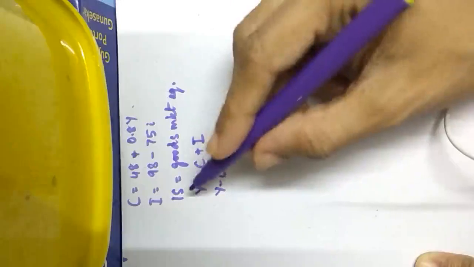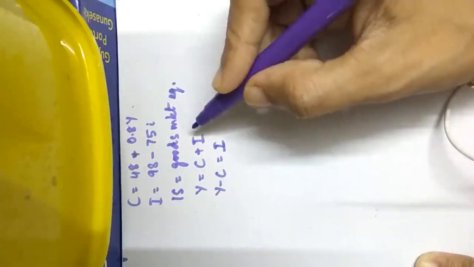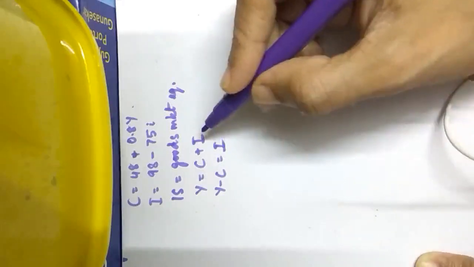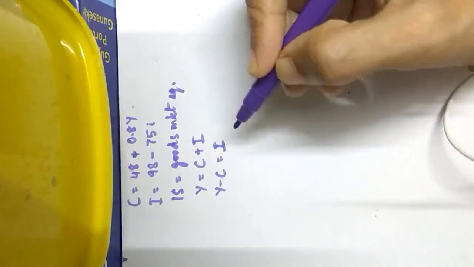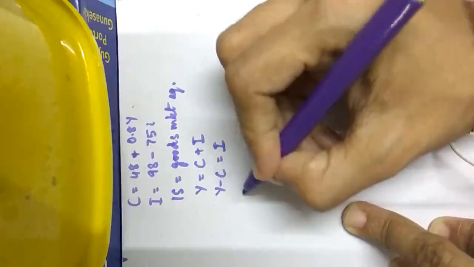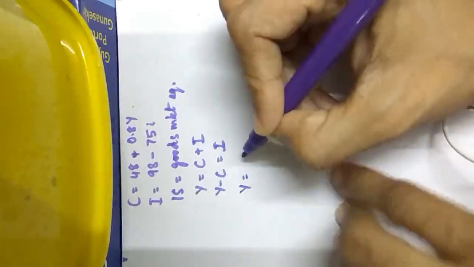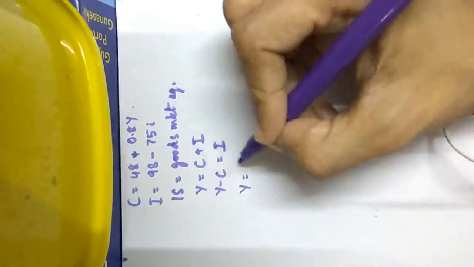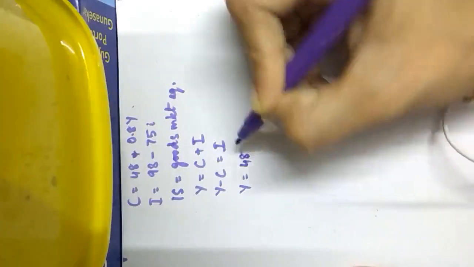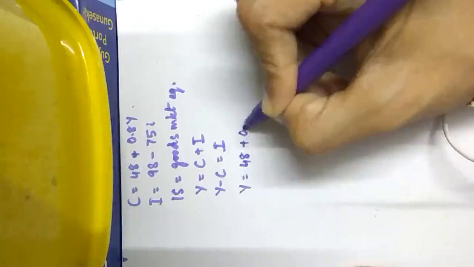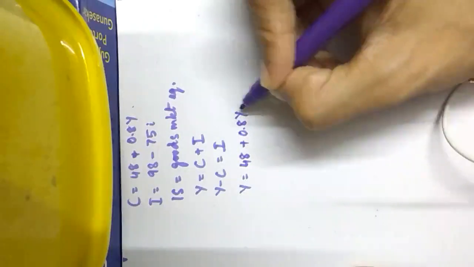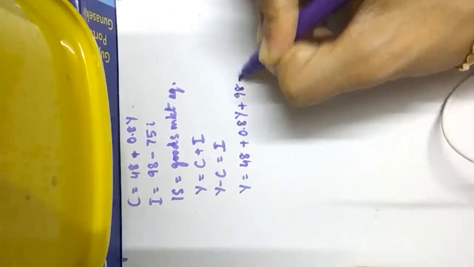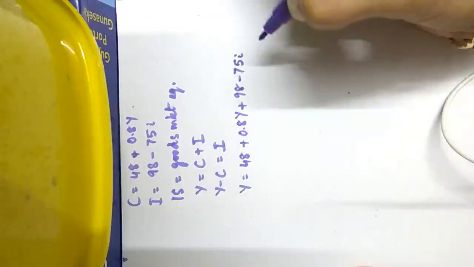So the IS represents goods market equilibrium, which can be represented by either of these equations, Y equals C plus I or Y minus C equals I. Now let me put the information given in the question into this. Instead of C, I'm writing 48 plus 0.8 times Y, and for I, I'm writing 98 minus 75i.